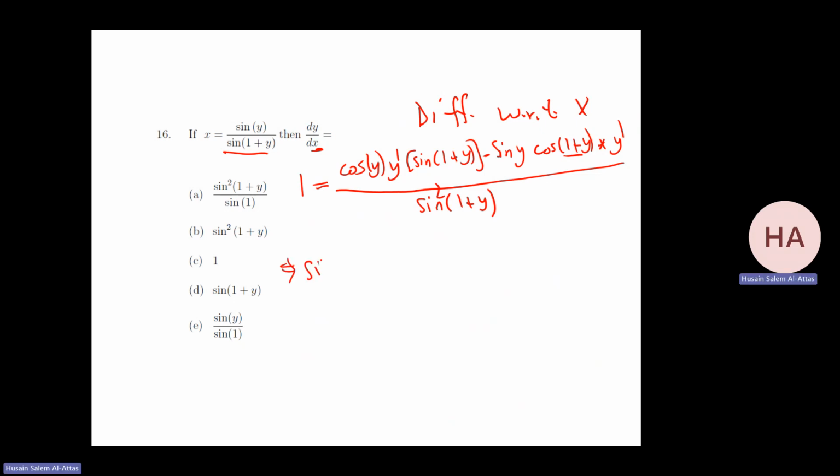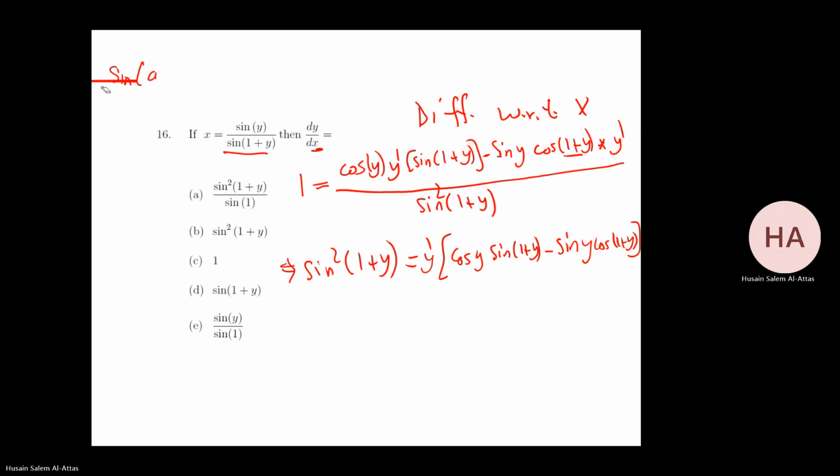I have sine squared (1 plus y) equals y prime times cosine y sine (1 plus y), minus sine y cosine (1 plus y). Be careful. You need to remember this formula: sine (A minus B) equals sine A cosine B minus cosine A sine B.